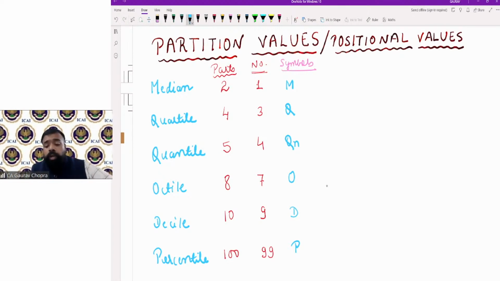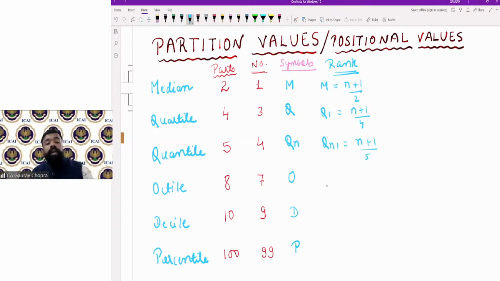Now how to rank these? We have already done the ranking of, let's say, median. So rank of median in case of individual series is (n+1)/2. If you want to find Q1, then it will be (n+1)/4. Now what about Qn1? If you want to find the first quantile, it is (n+1)/5.